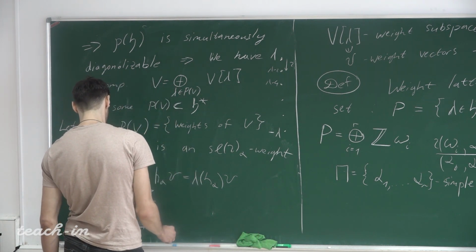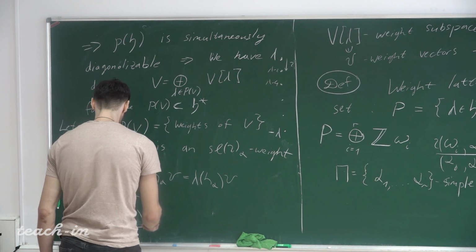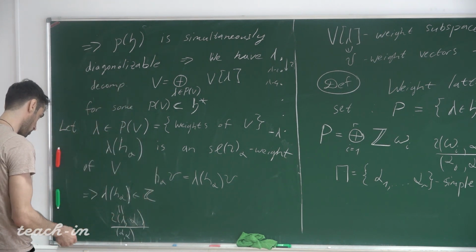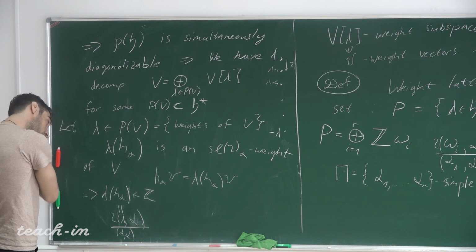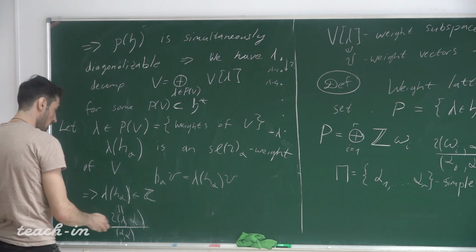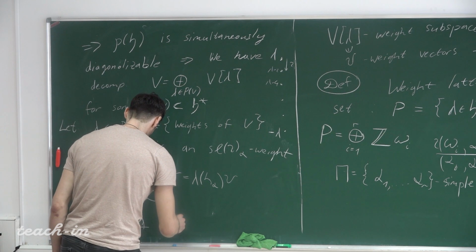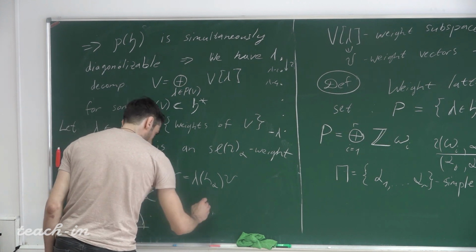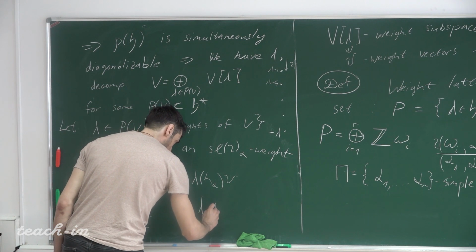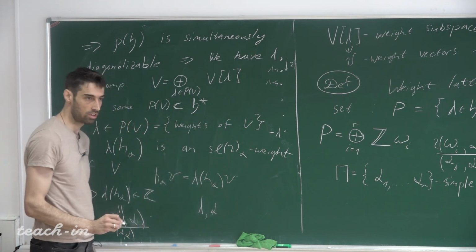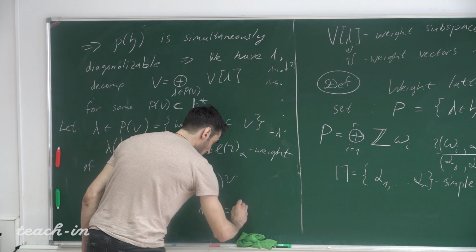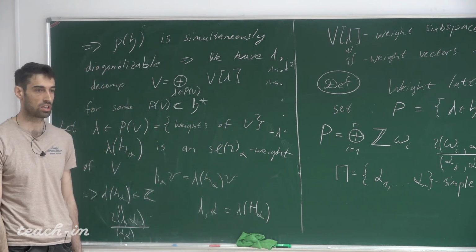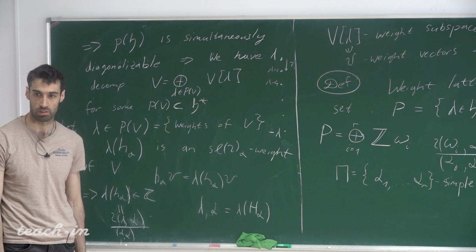Well, from which side should I do it better? So I know that lambda alpha, so let me write it like this. Lambda alpha is lambda of h capital alpha. This was just our definition of h capital alpha.